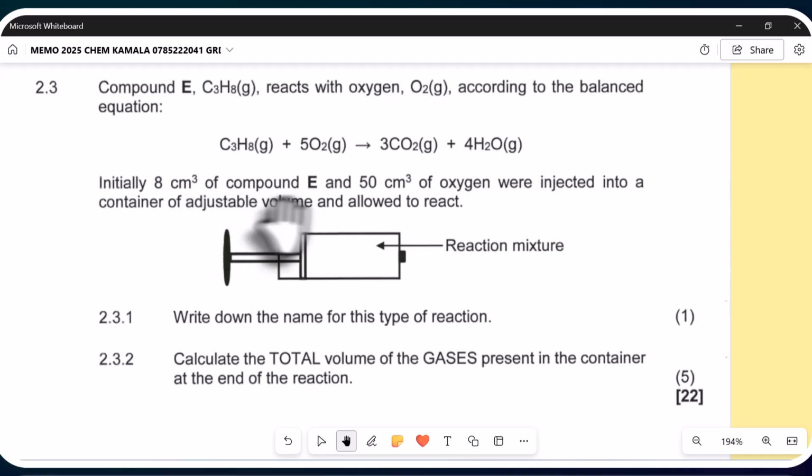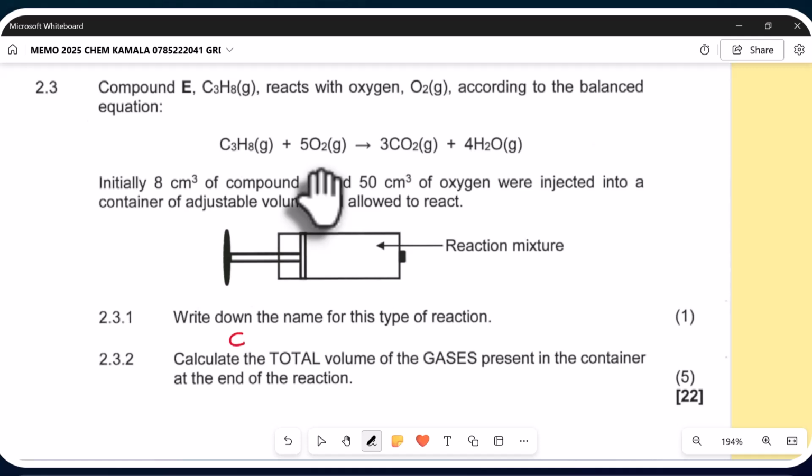Because we want the reaction, some reactants are going to be used up and we are going to have products. Some will remain at the end, either propane or oxygen, plus the volumes of the products. So here we go.